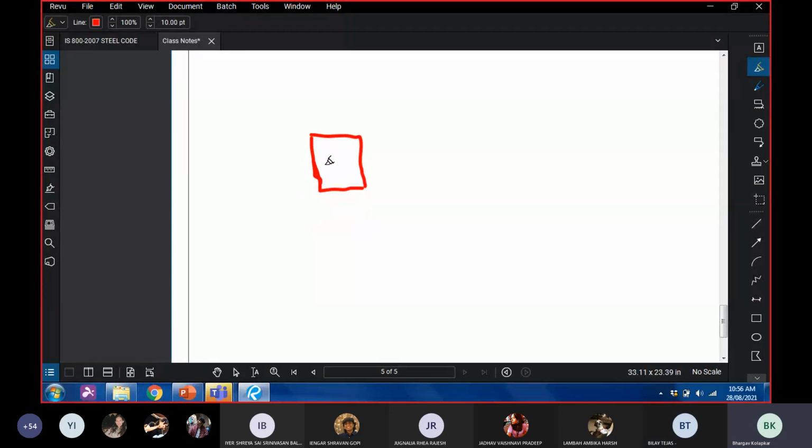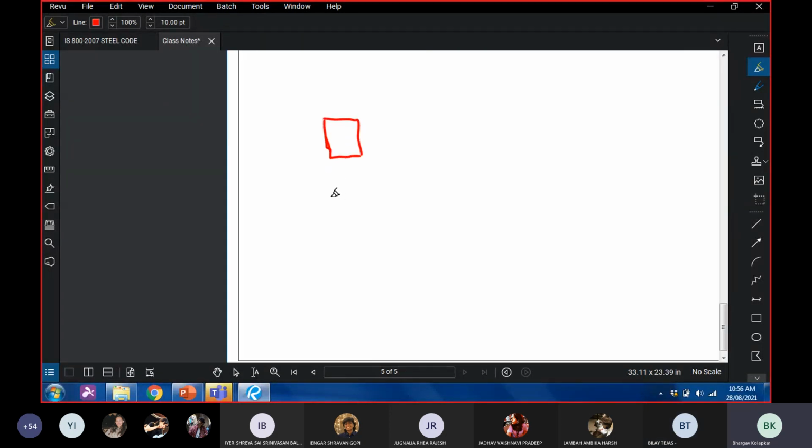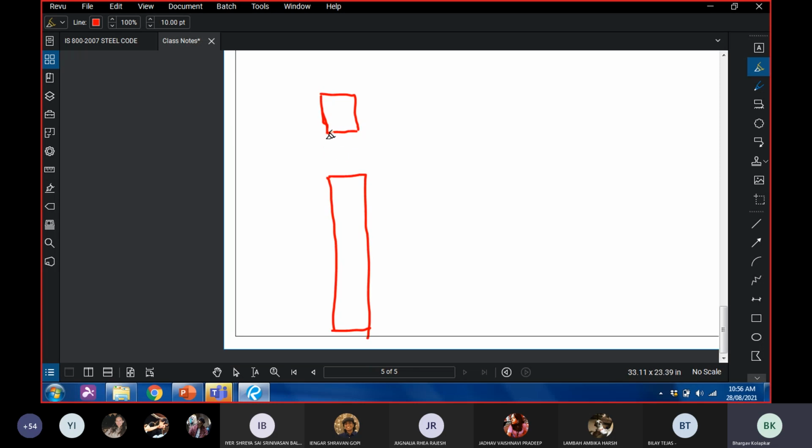So let us say this is the cross section of a column or a compression member, and this is your elevation. We call it a compression member when the line of action of the axial force is along the axis of the member.